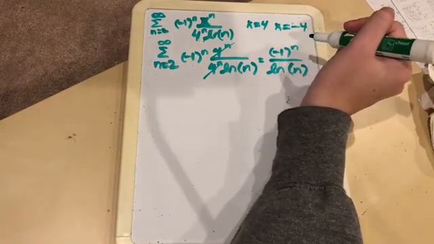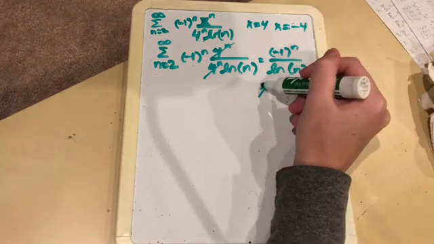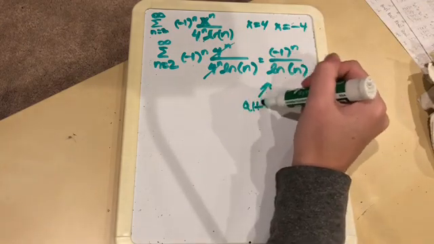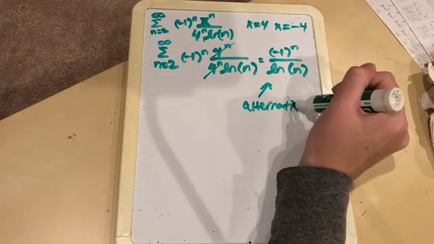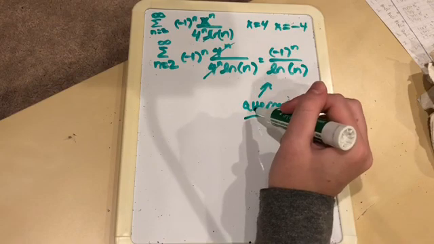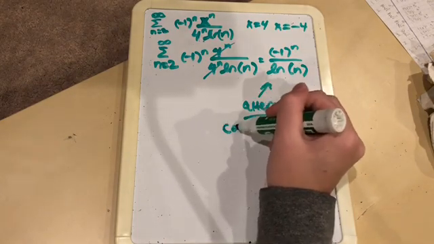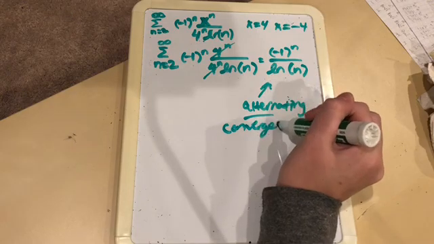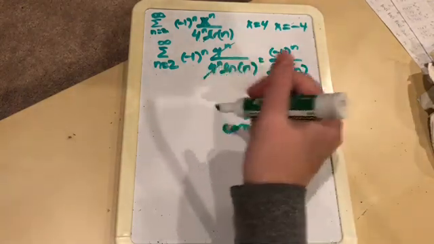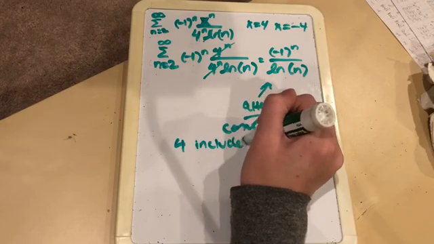All right, so this meets the criteria for an alternating series and thus converges at this point. So 4 is included in your interval.